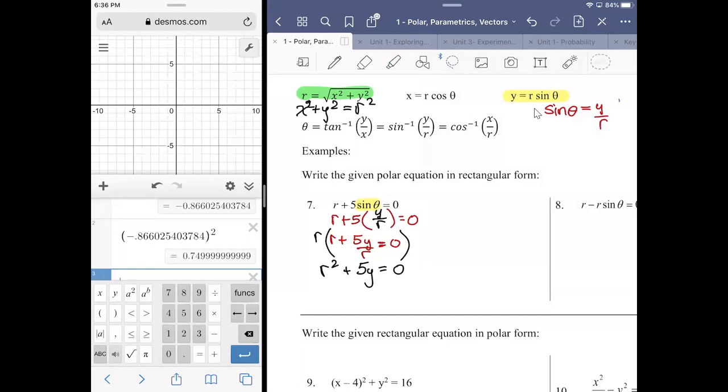Now, I could have easily brought all the rules from a couple pages ago in here. But the whole idea behind this is not so much regurgitating rules as it is taking a rule that we already know and manipulating it slightly. That allows us to replace, in this case, the r squared with an x squared plus y squared.